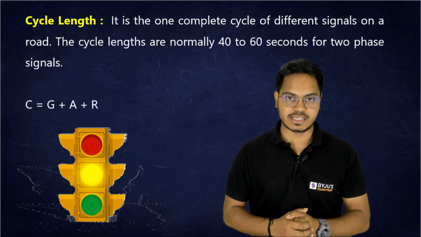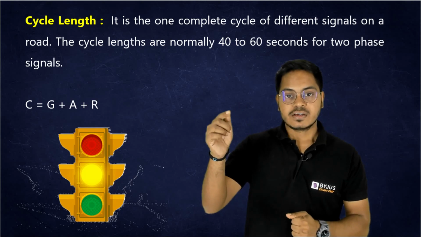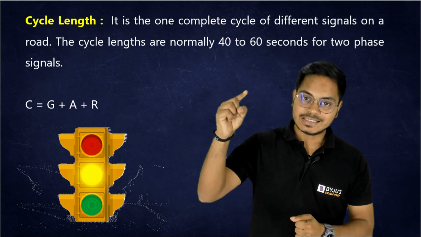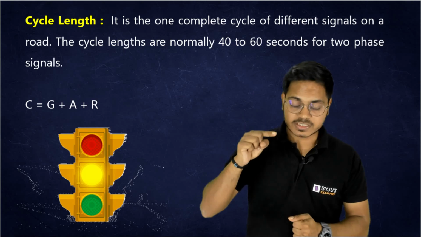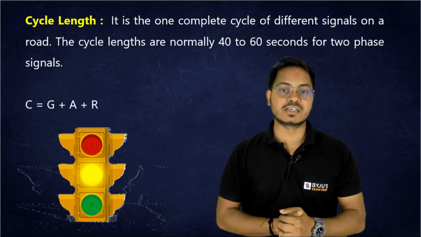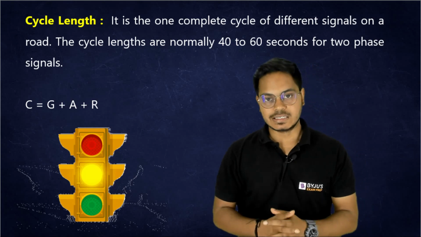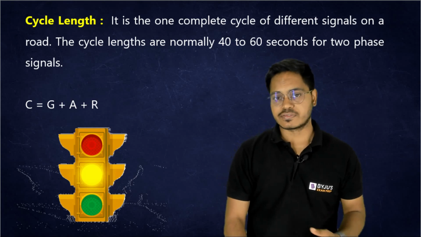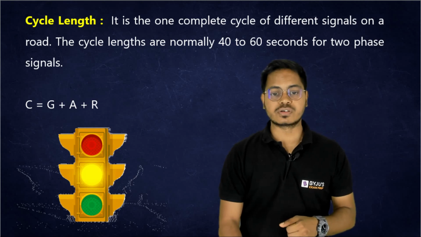So this is your cycle length. If you see the sequence of green, red, amber, one cycle is basically called the cycle length. This is the very first thing that you need to know about this.